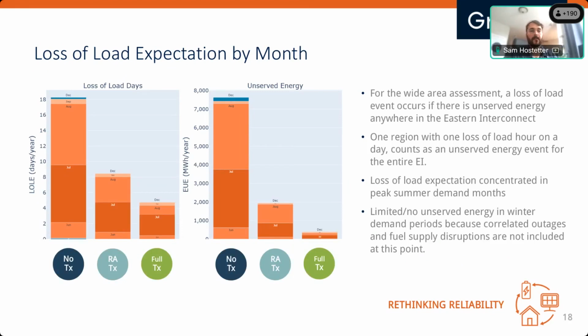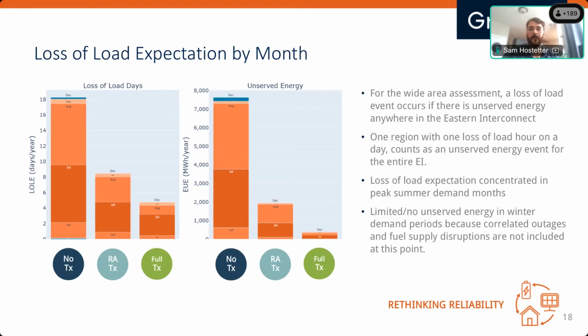So in any given hour, in any given region, if there's unserved energy, that counts as a system-wide event. When looking at these loss of load expectations by month, we see largely summer risk in the Eastern Interconnect study, with steady decreases in the system-wide event risk as more transmission is introduced into the study.